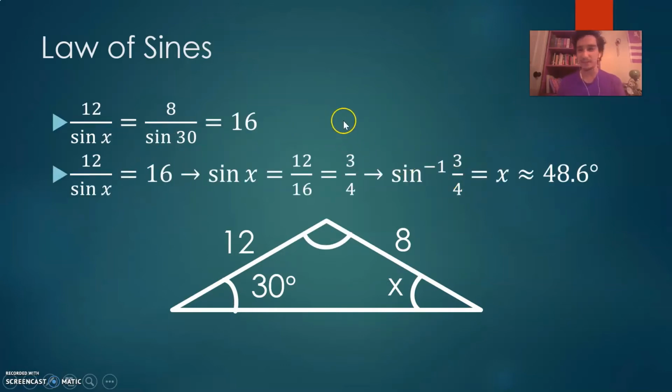And if you remember from the previous video that Farhan did, sine of 30 is equal to 1/2. So we can rewrite this as 12 over sine of x is equal to 16. And then we can rewrite it further. Sine of x is equal to 12 over 16, which is equal to 3 over 4. So then we just take the inverse sine of 3 over 4, and that will give us x is roughly equal to 48.6 degrees.